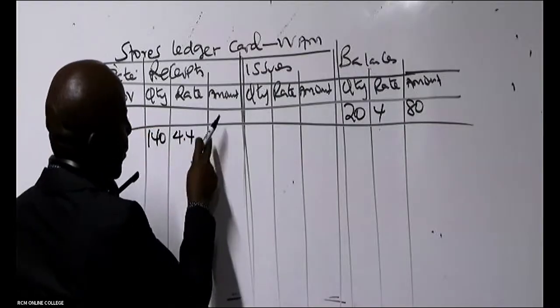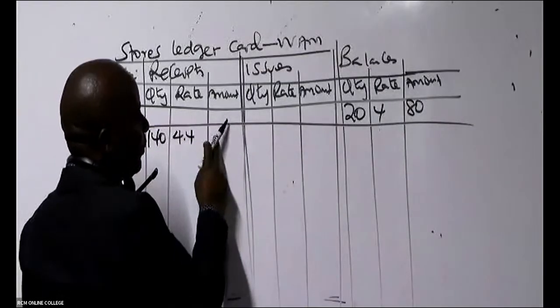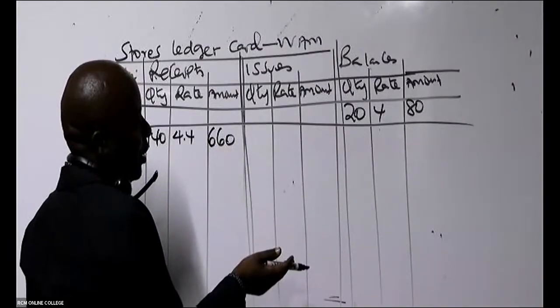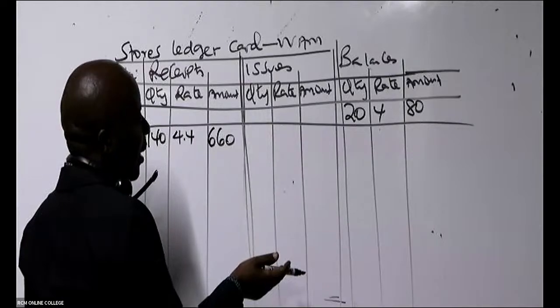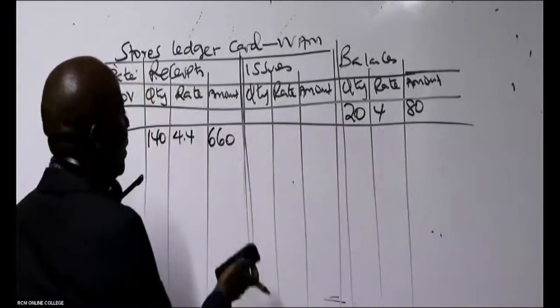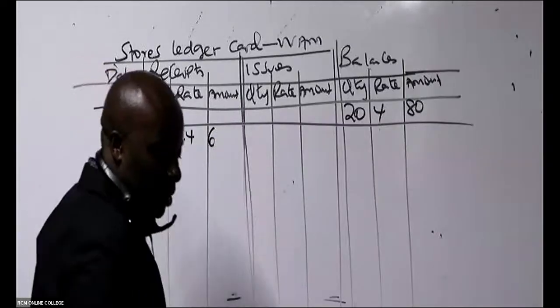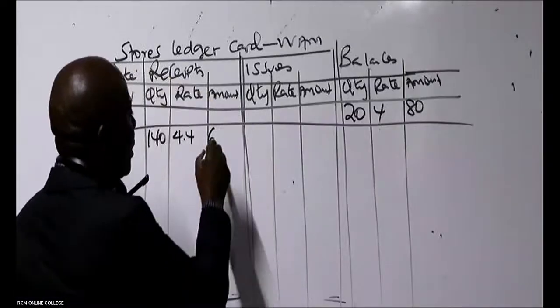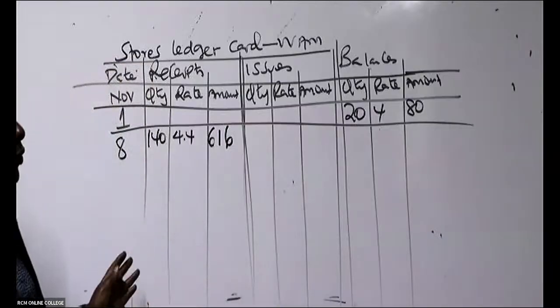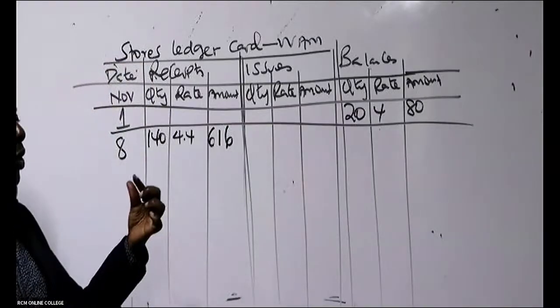So the amount here is 616. So we have here 616. Of course, every time you receive goods here, we consolidate the balances.